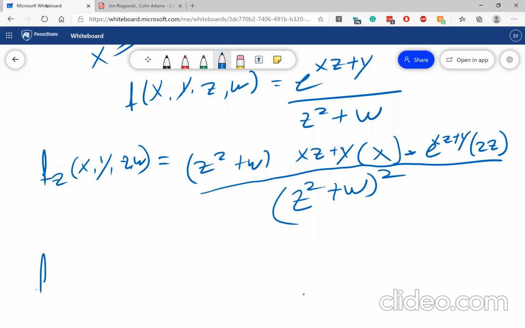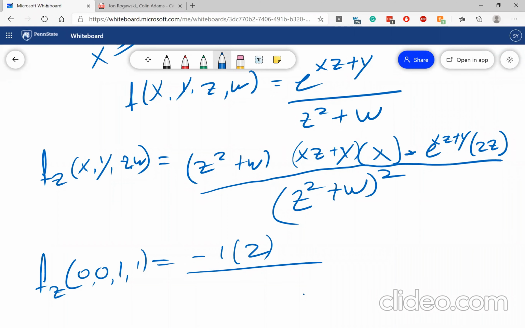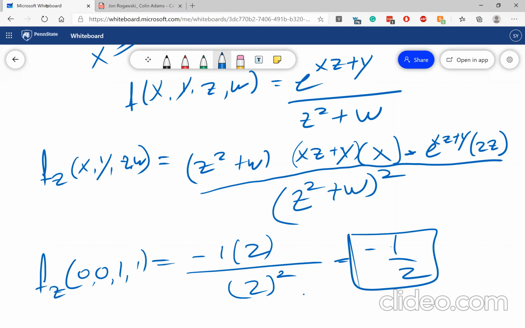So now the partial of z with respect to z at 0, 0, 1, 1 is going to be equal to, so over here you have this x multiplying everything, so this will be 0, so it'll be negative, and over here you're going to have 1, because the x is 0 and the y is 0, times 2z, so times 2, and on the bottom we're going to have z squared, which is 1, plus w, so that's 2 squared. That would give us negative 1/2. Any questions about this?